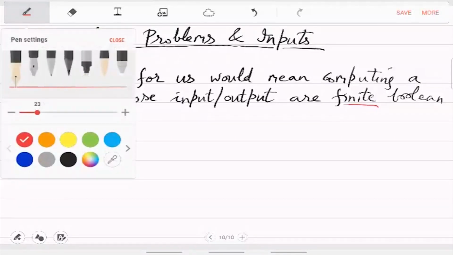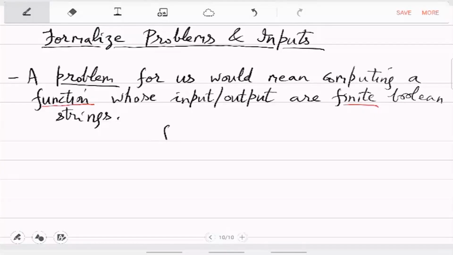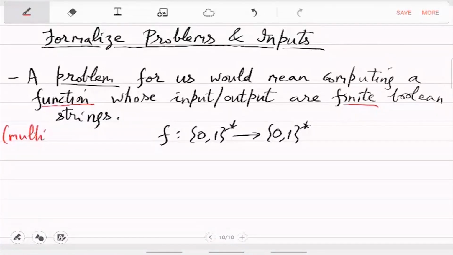So I can write this as a function f from 0 1 star to 0 1 star. It's a function that we are trying to compute, which takes a string and gives out another string. We can call this a multi-valued Boolean function, because it is giving many bits in the output.